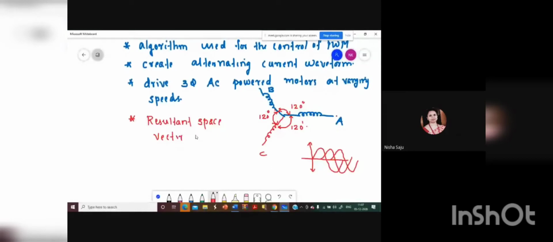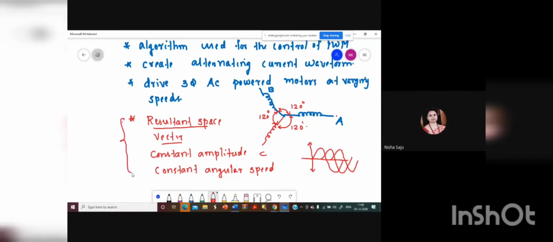If you add the three space vectors, you will get a resultant space vector, and this resultant space vector will have a constant amplitude, which is rotating at constant angular speed.